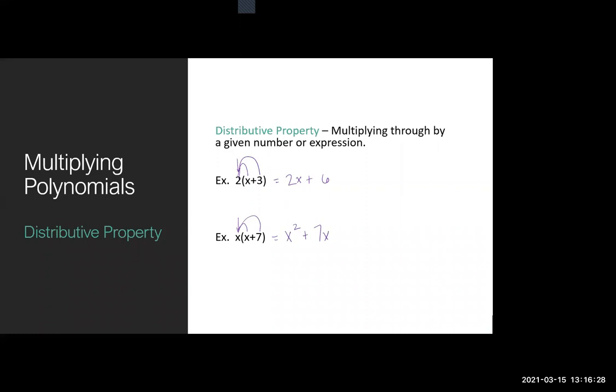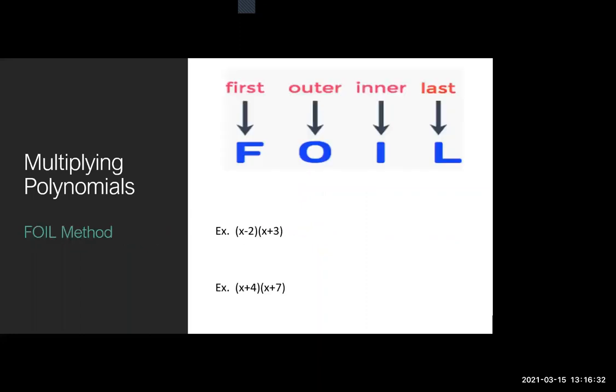Now, when we have two parentheses being multiplied together, we can use the distributive property, but it tends to come out with the FOIL. Let me show you what I mean. On this example, we would take x and distribute to x. Notice this is the first term in the first parentheses times the first term in the second parentheses.